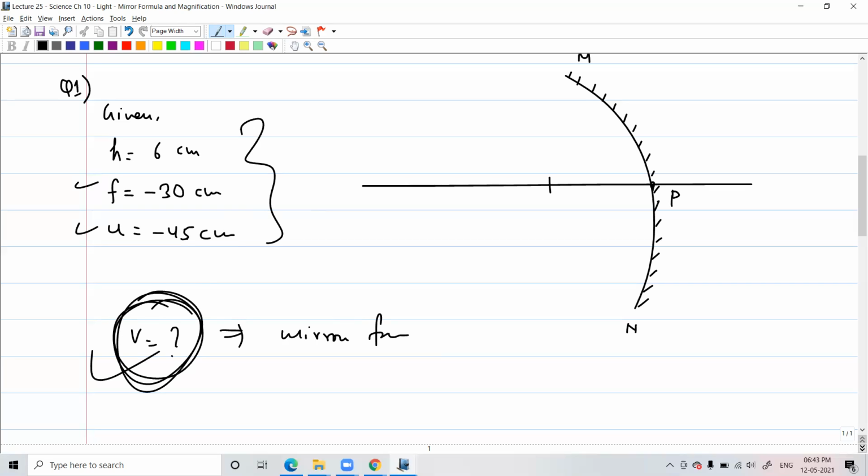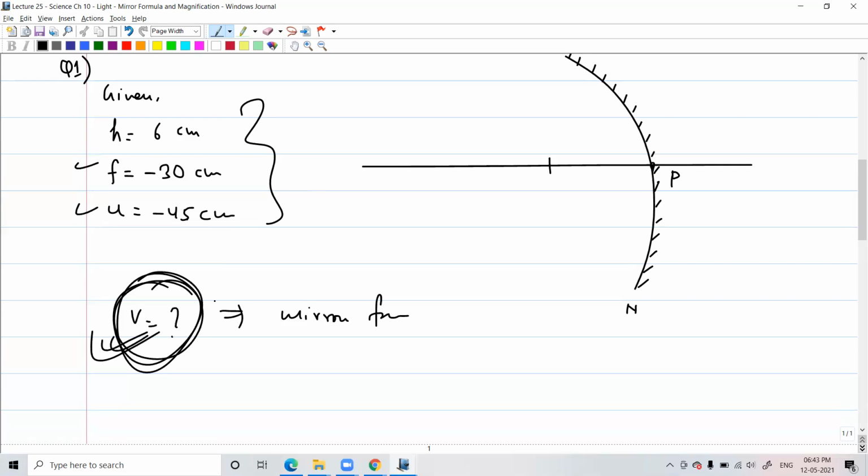Now, once you know v, what else can we find out? The height of the image, sir. Yes, of course. We can find it using the magnification formula. Which formula do we have to use for finding the height h dash?